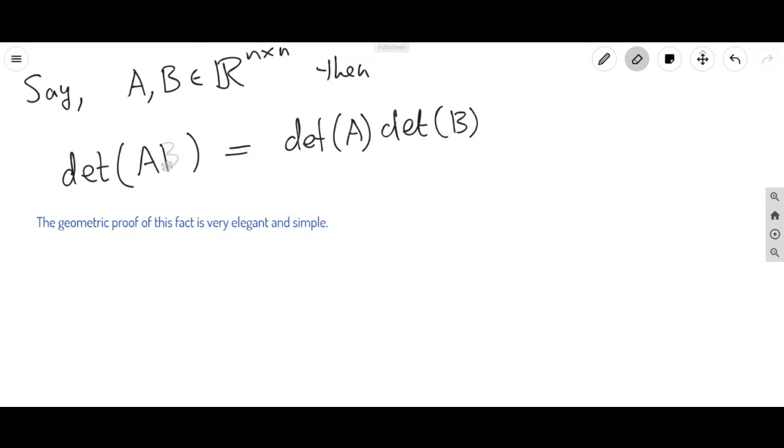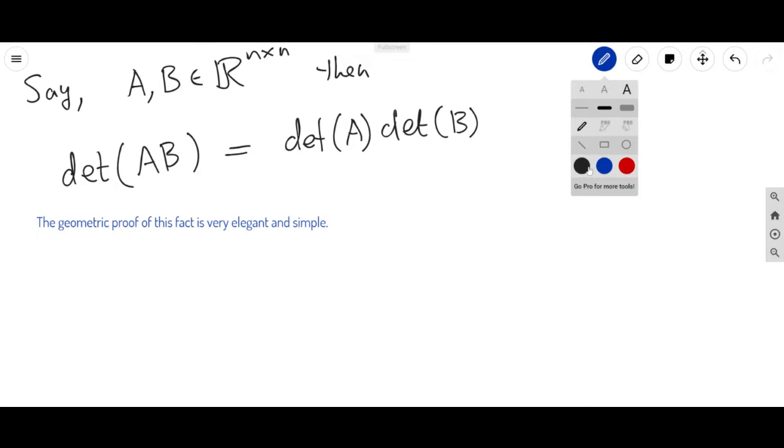So it's like you're having these two complicated operations, matrix product and determinant, but somehow they're nicely compatible with each other and they work out. If you try to do this algebraically, that would not be the easiest way to do it. But I'll give you the simplest proof I know of, which is a geometric proof.